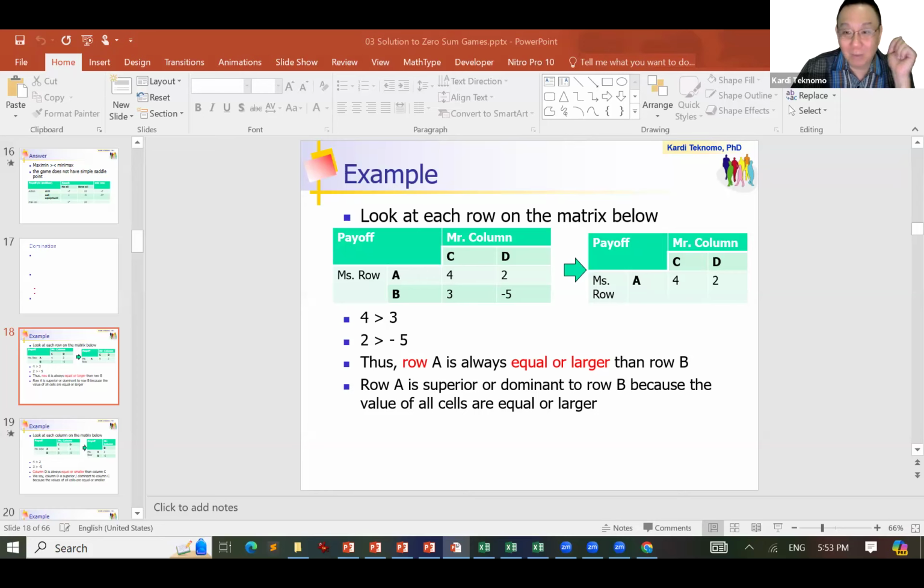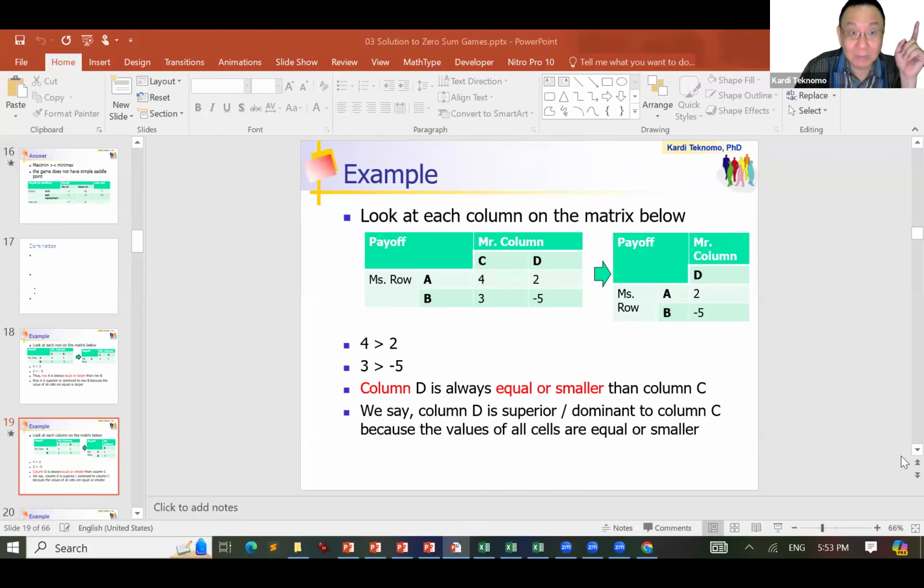Now for columns, we want to minimize. So compare C and D. Which one is smaller? D is smaller: 2 is smaller than 4, and -5 is smaller than 3.